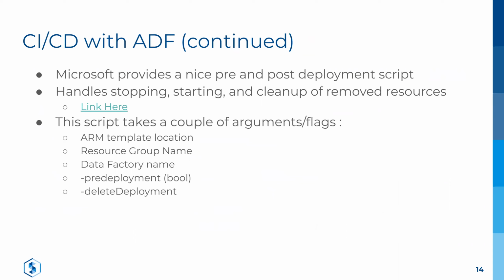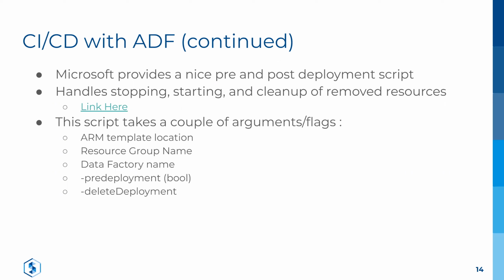So Microsoft offers out of the box a very nice pre and post deployment script. It's highly recommended. It handles things like stopping, starting, cleanup, removing resources. I put a link here in the slide in case anyone needs it. Again, it's in their documentation, and it's very highly recommended from what I've read.